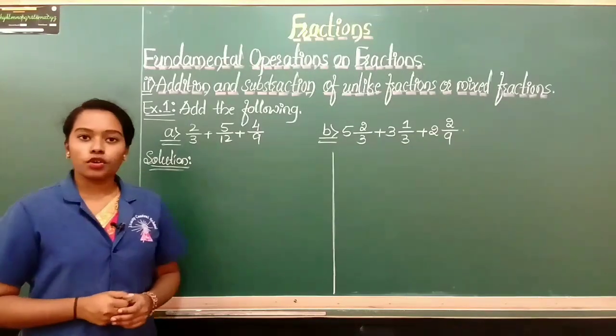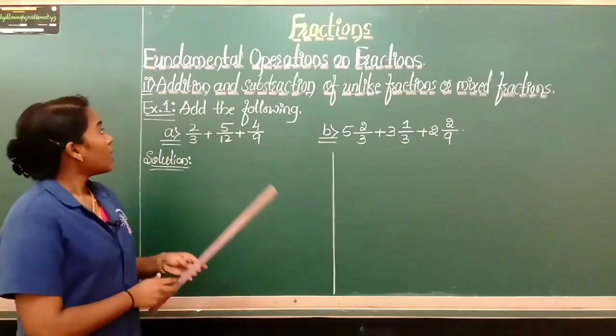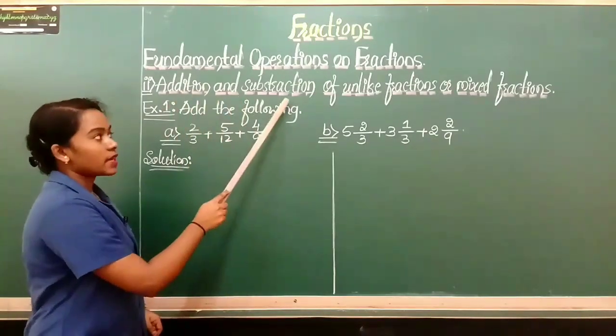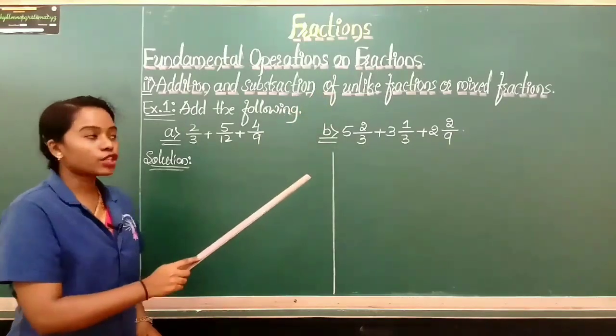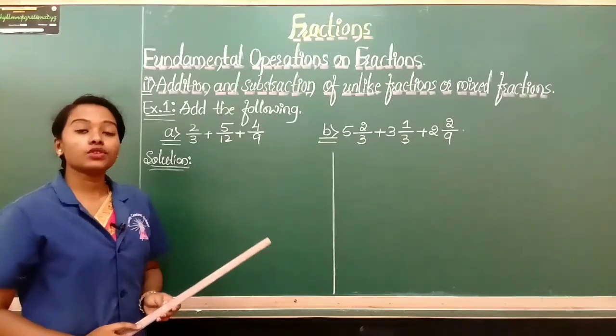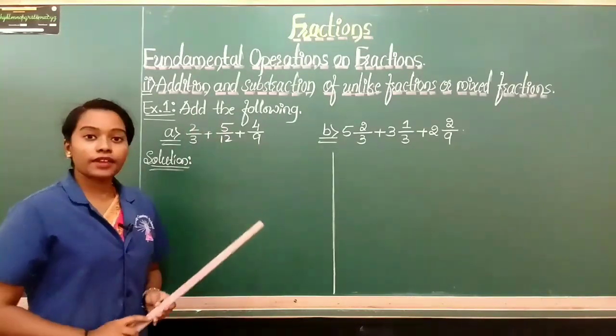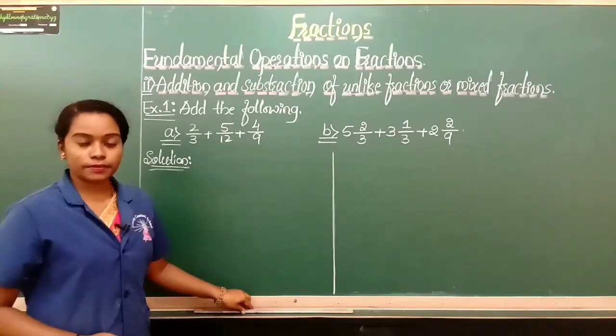Fundamental operations on fractions. The second one is addition and subtraction of unlike fractions or mixed fractions. Here we have to learn how to add or subtract unlike fractions or mixed fractions.